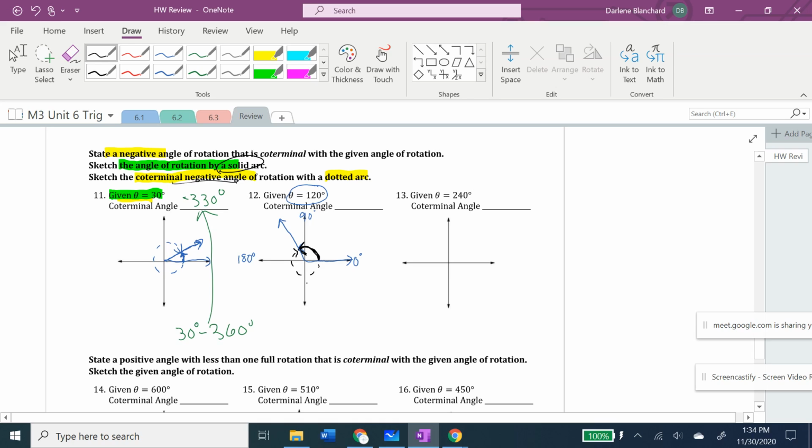Starting again at 0, but moving in the negative direction. You just need to show that you understand what has been deemed the 0 angle and what's been deemed the positive versus the negative direction. And then, just like you did in number 11, subtract 360 to get the negative coterminal angle, and you get what number?